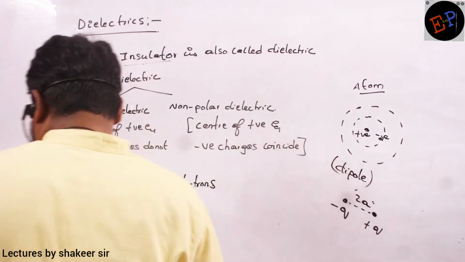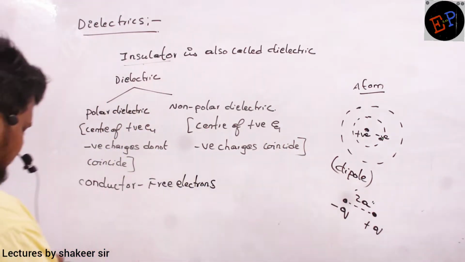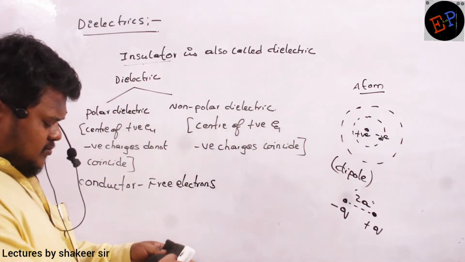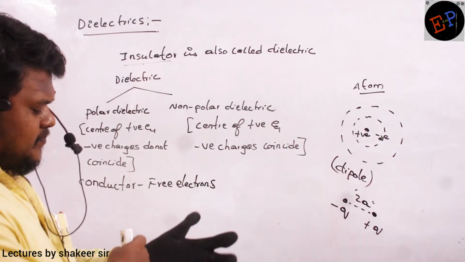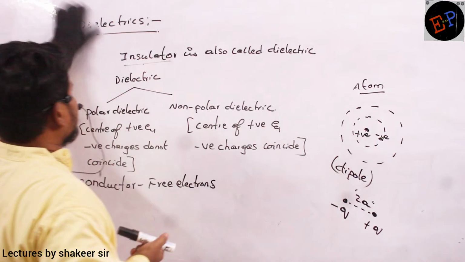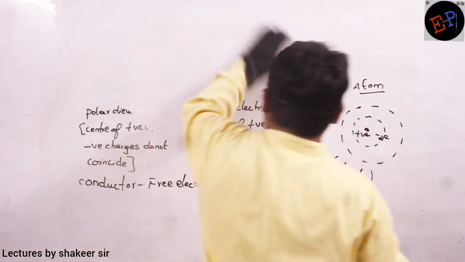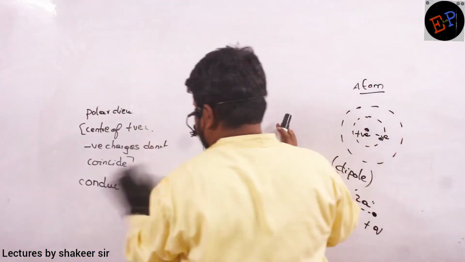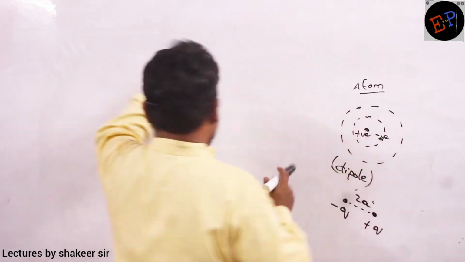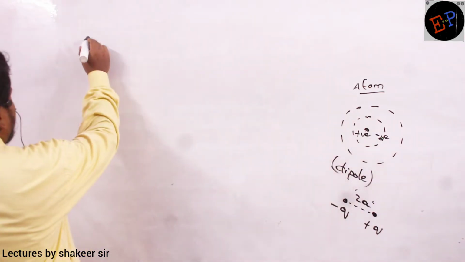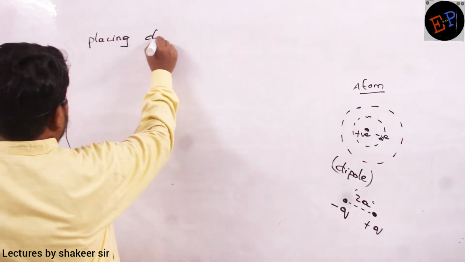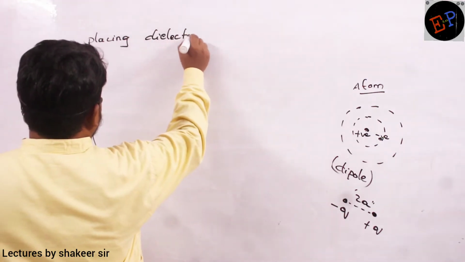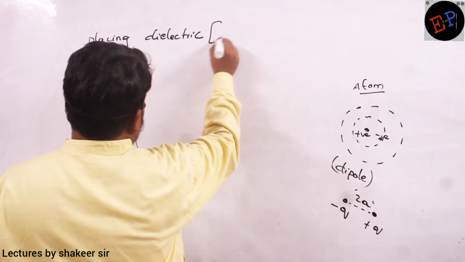Okay. Now let us see what happens if I place this dielectric in an electric field. Okay, ma? So placing dielectric in electric field. Dielectric means insulator, ma, don't be confused.